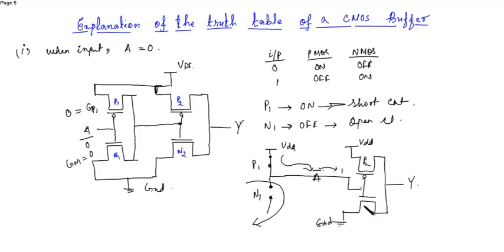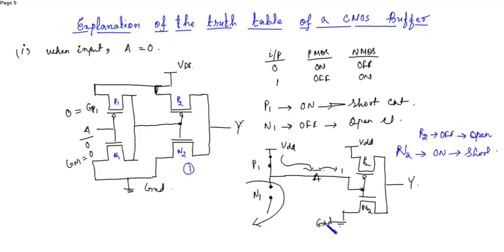This is P2 and N2. When 1 is applied at the input, the PMOS will turn off and NMOS will turn on. So here the PMOS P2 will turn off, or gets open circuited, and the NMOS N2 will turn on, that is gets short circuited.